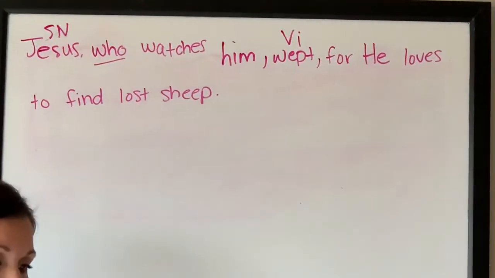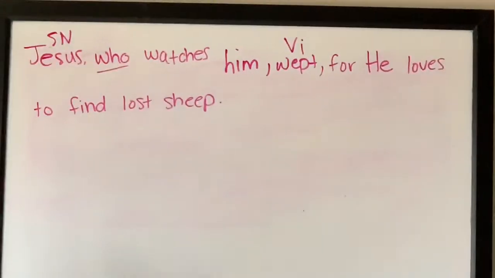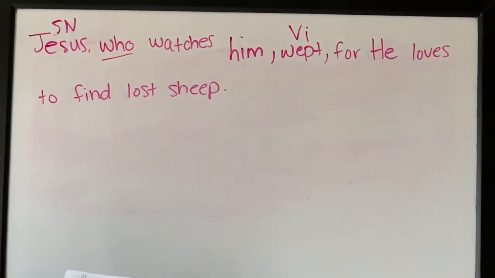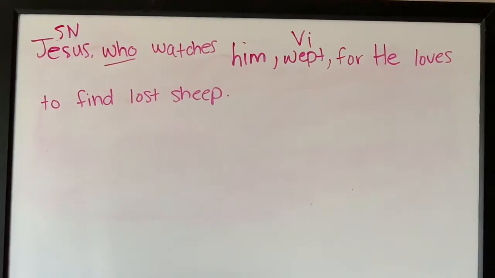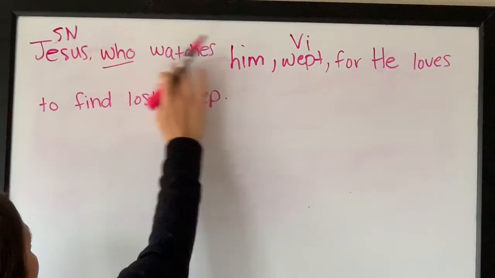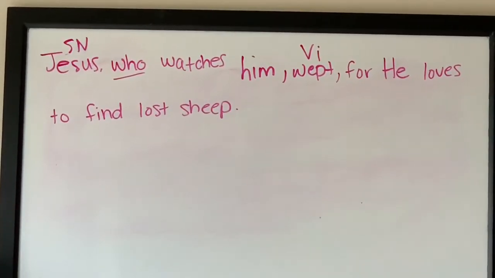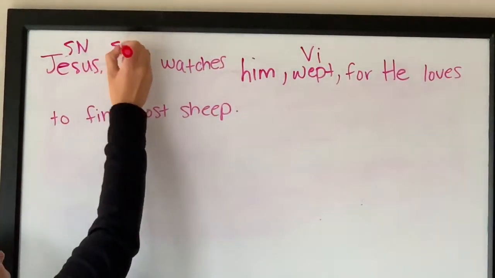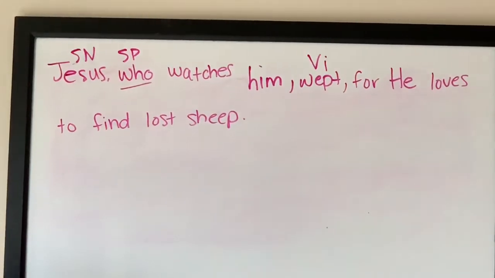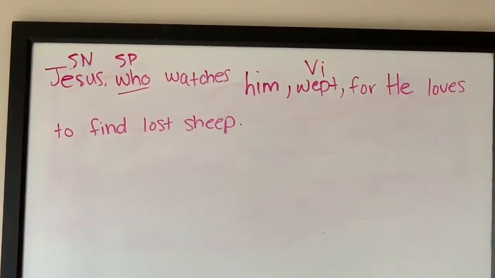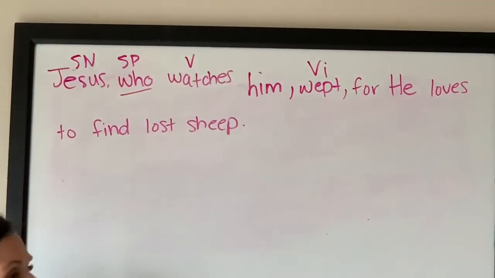Okay, now what's our next clause? How about who watches him? Well, let's just do that one next. Who watches him? Who watches? Answer, who. Label, subject, pronoun. What is being said about who? Who watches? Label, verb. Who watches who or what?